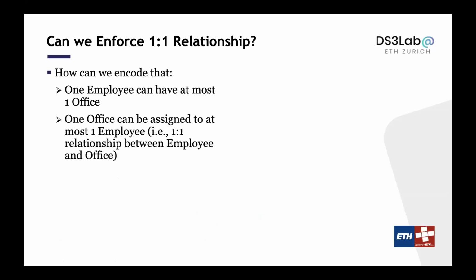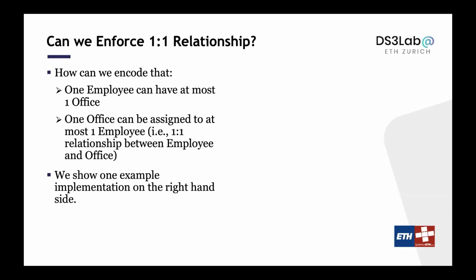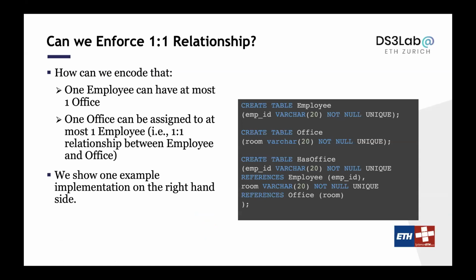Here is just one way to do it. Let's think about this. You have an employee table with employee ID, and you have an office table with a room ID. Then I create another relation called has office with the first attribute, employee ID, and the second attribute, room ID.